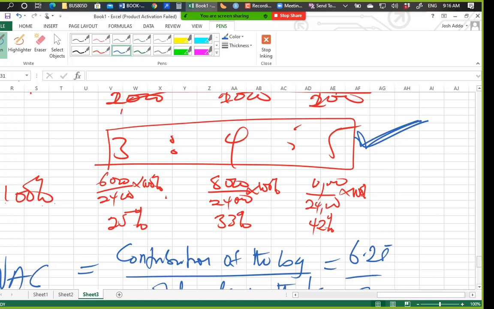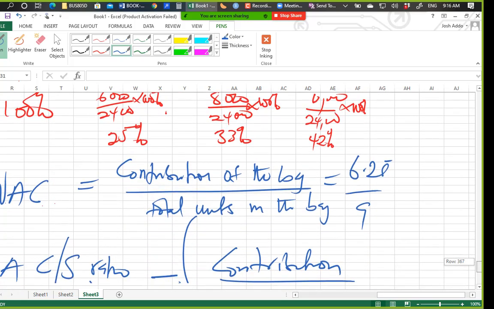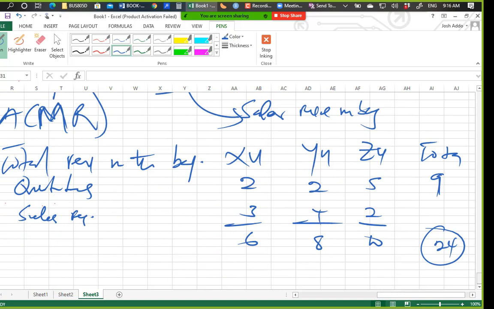But what I'm trying to do right now is, inside the bag, we have 2,000 physical units of XU, 2,000 physical units of YU, and 5,000 physical units of ZU. Each of XU is sold for 3 cedis. So you can calculate the total revenue that each one is bringing and all of them combined in the bag.